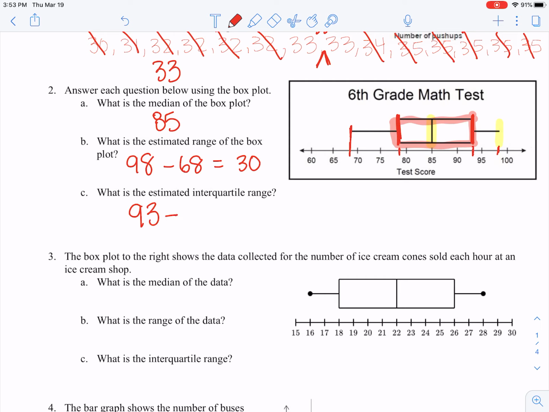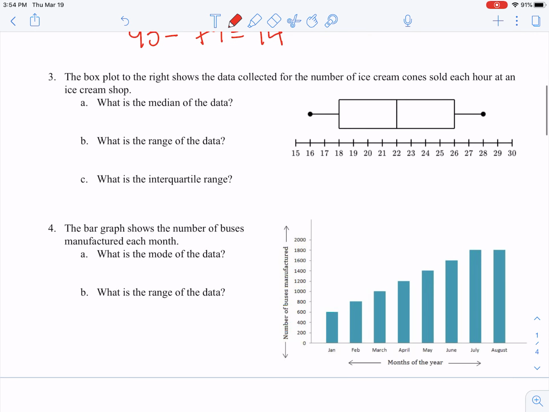And then that other first box line would be at 79-ish, and that would be the interquartile range. So if you subtract those 2 numbers together, that would give you about 14. So if you got 14 or 15 or 13, should be correct.